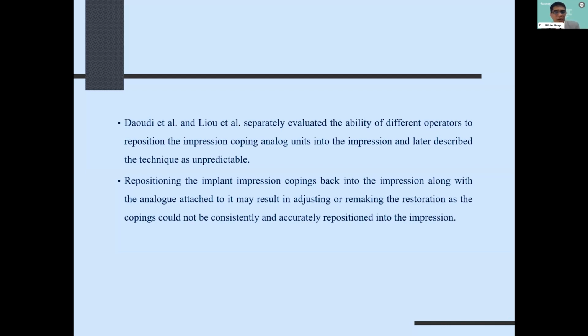Because all our implants have internal connections, mostly an internal hex, especially the BV or Korean systems. Hex means your abutment can sit in only 6 possible positions. If you have recorded your position at a particular angle and the lab has different information, then what comes back to you will not look the way you are expecting, and you will have to redo the entire procedure or the impression making.